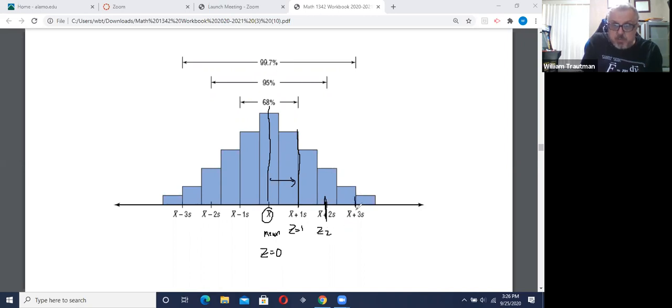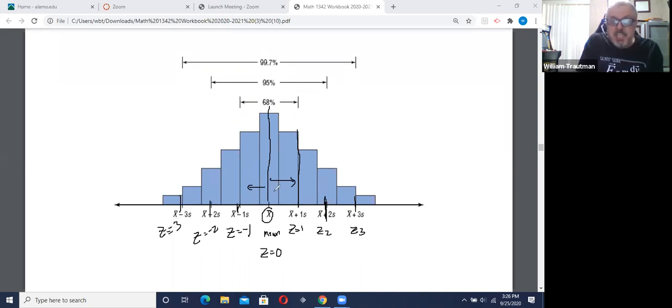That's a z of 2, and this is a z of 3. On the other side, 1 standard deviation to the left of the mean is a negative z value, z negative 1, z negative 2, and z negative 3.